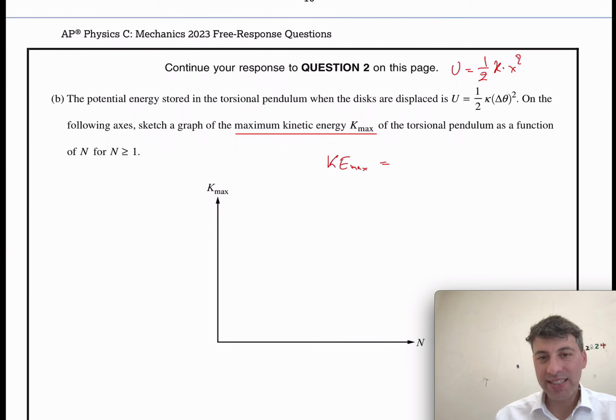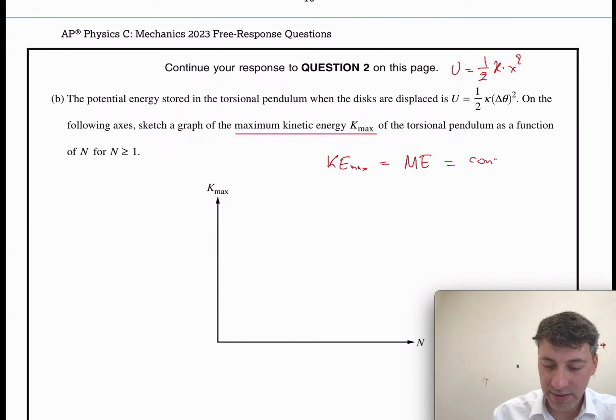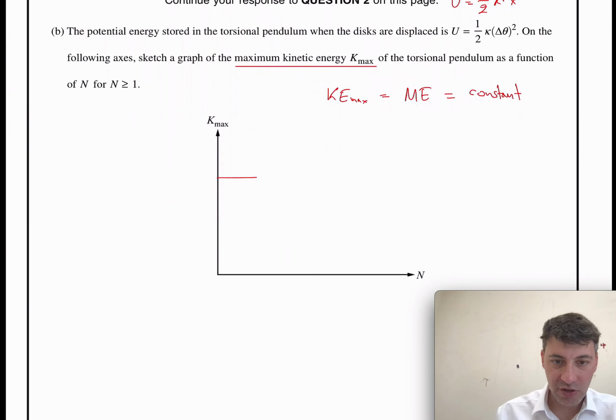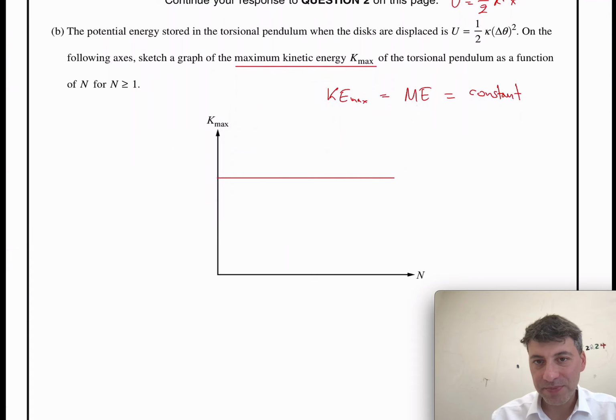So the maximum kinetic energy is equal to the total energy, or the mechanical energy. And this mechanical energy, we know that it remains constant. So when he tells us to draw a graph of the maximum kinetic energy, all he needs us to do is draw a line that doesn't change the value, that is kept constant.